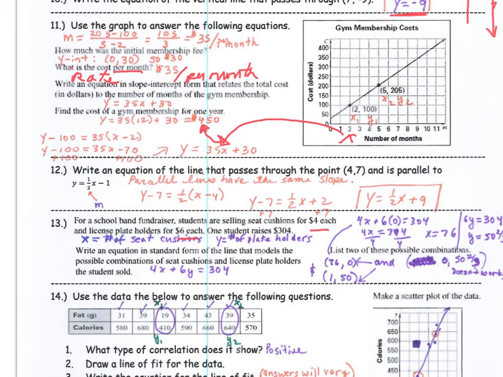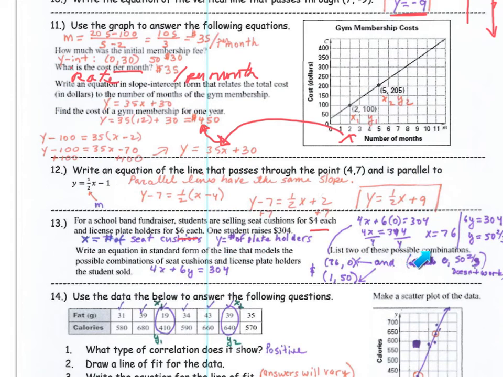What we are going to do, though, is realize that this problem is one that will be set up in standard form. So I'm going to let x equal the number of seat cushions. I'm going to let y equal the number of license plate holders. So 4x + 6y would equal the total amount of money that I have to raise, which is $304. Okay? So that's my equation.